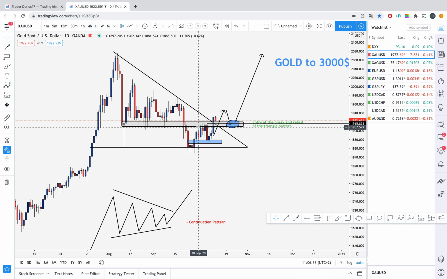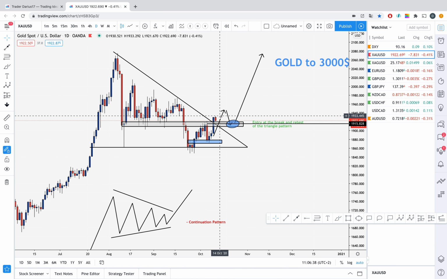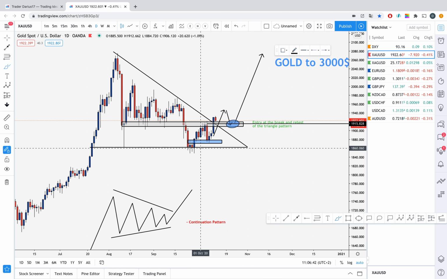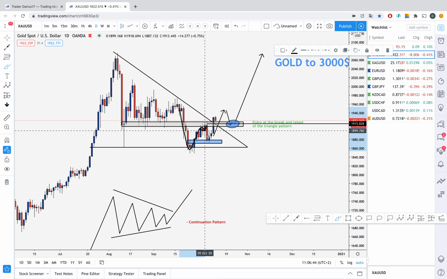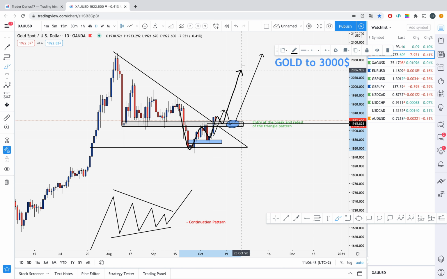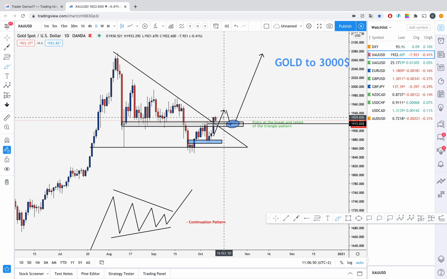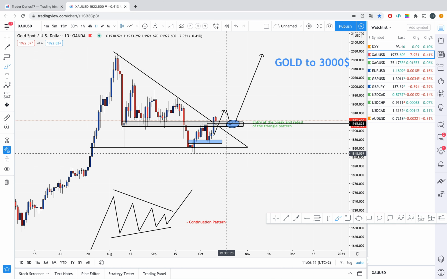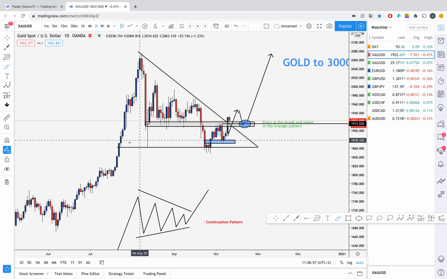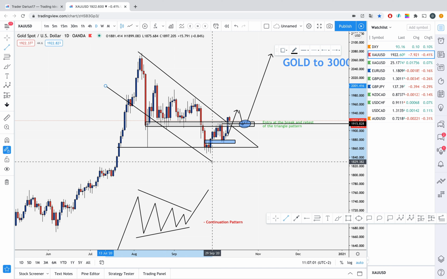But as you can see, price made this big bullish candle to the upside, and right now I'm waiting for the retest at this neckline area, because what we can see over here is a nice W formation. Price is right now retesting this neckline area, and then I do expect a nice push to the upside, and this is going to be the continuation on gold. So this is the triangle pattern, this is the continuation pattern, guys. You can also view it like this, okay?